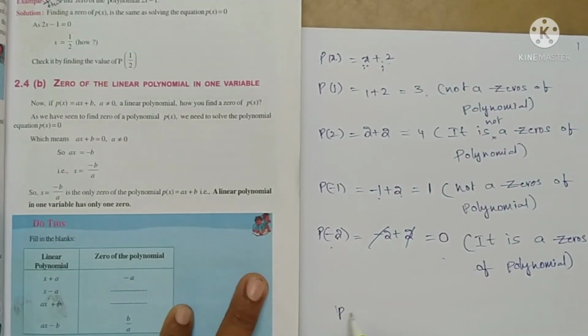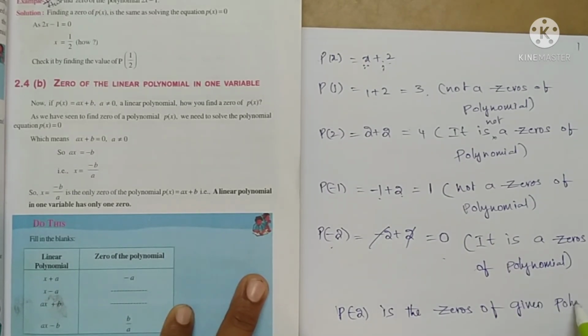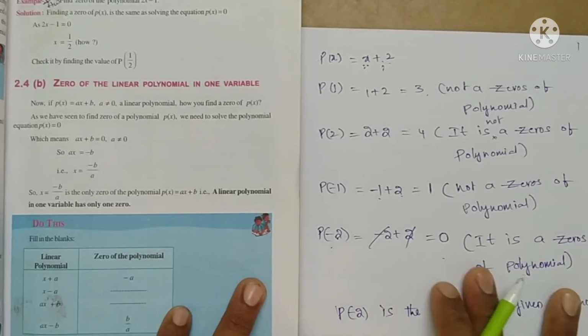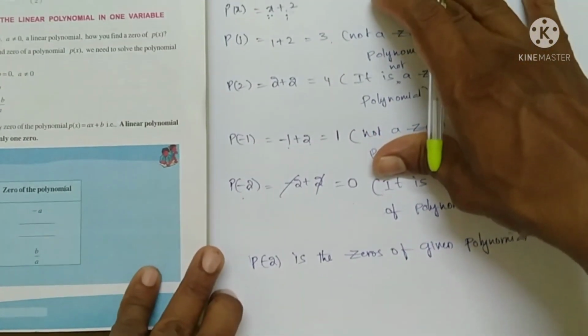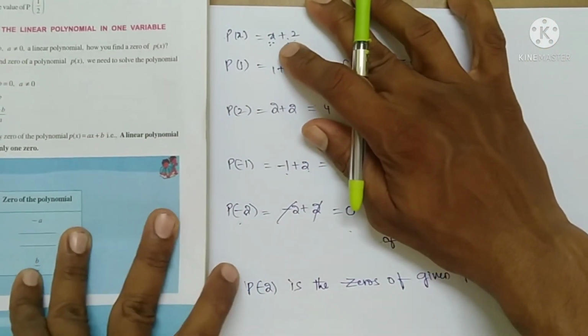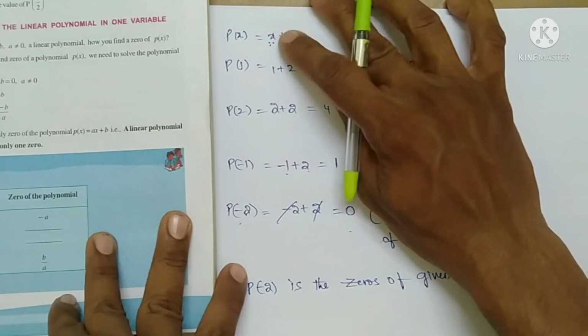So x equals minus 2 is the zero of the given polynomial. Okay, right. This is a linear polynomial, right? What type of polynomial is it? It is a linear polynomial.